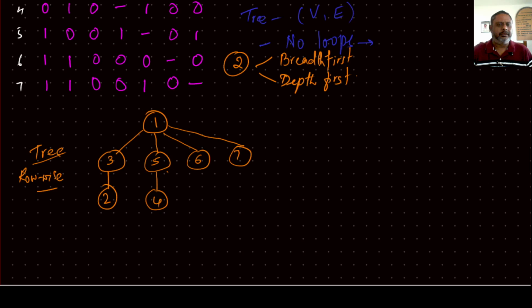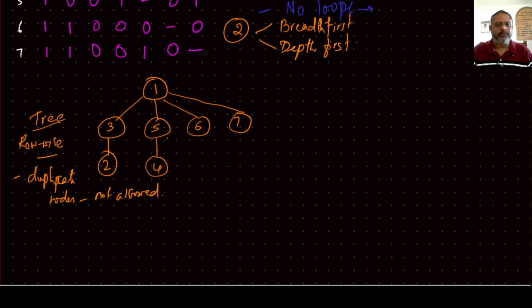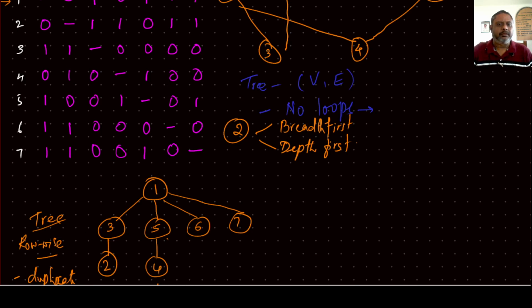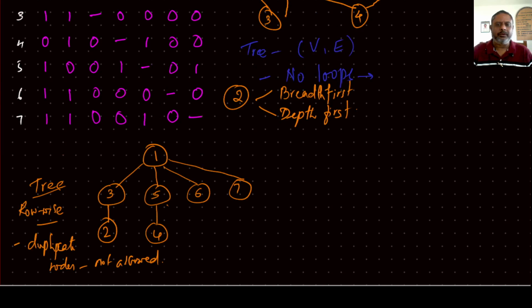And second thing is, duplicate nodes not allowed. So that means once we had used 2, again anywhere other place, if it is trying to connect to it, you say not allowed. So that's what I meant.